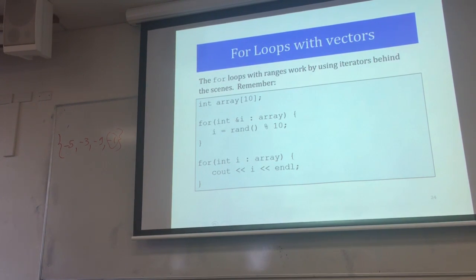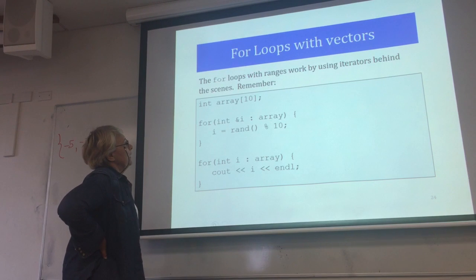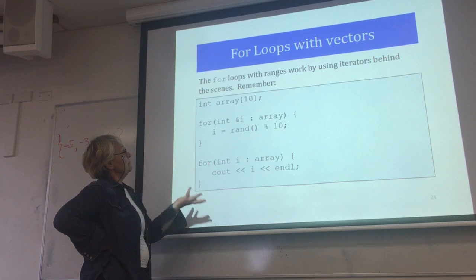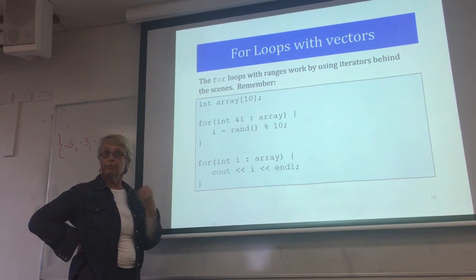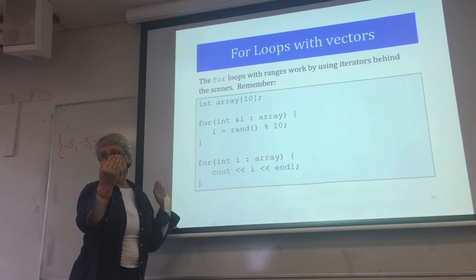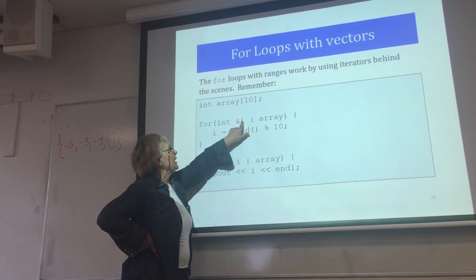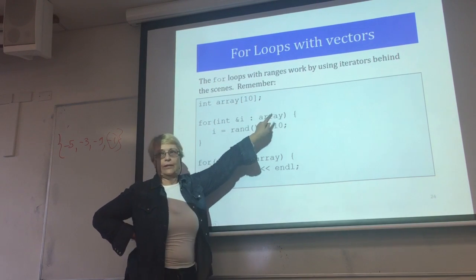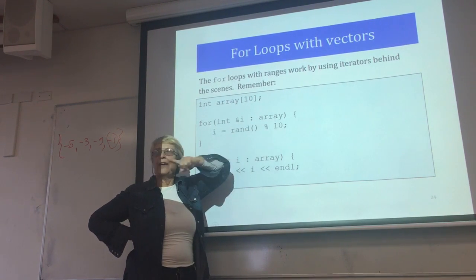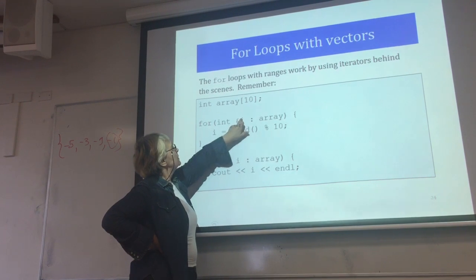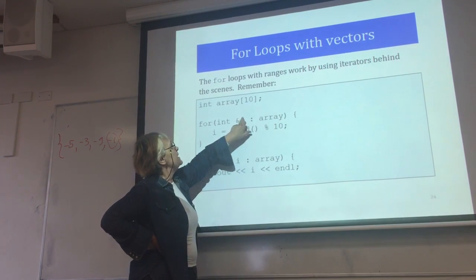Now, when we talked about for loops, for ranges, probably you remember, it is a very good for loop to use when you have to work with a whole set. In that case, you can use a variable to access the whole set, being it a C-array, a vector, and any container.